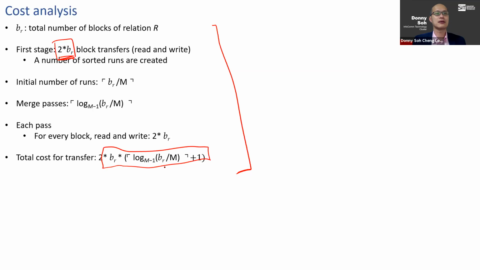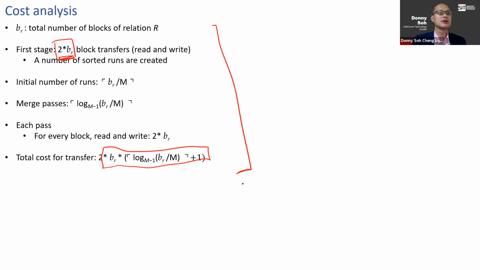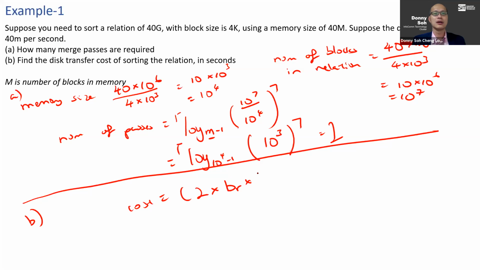So this is the cost: 2 times BR times the formula on top plus 1. Sorry, I should have put it down here.